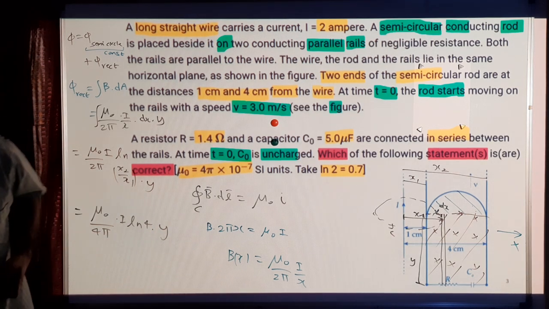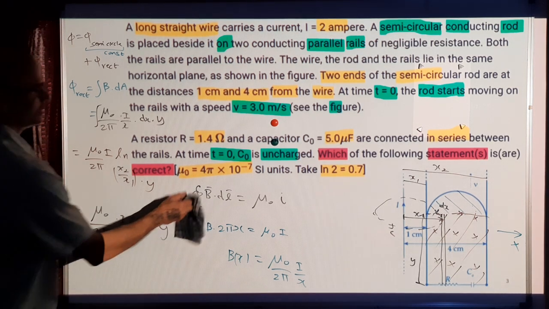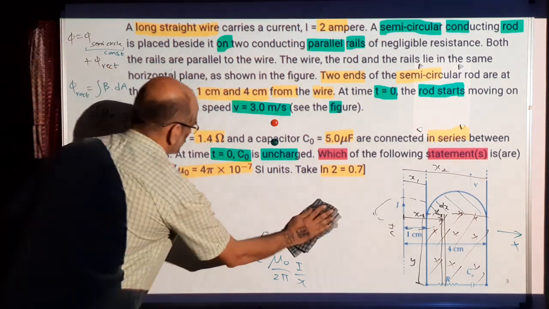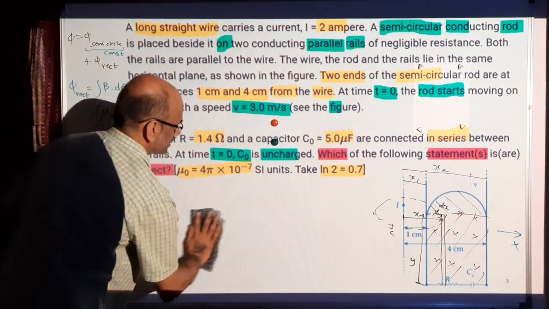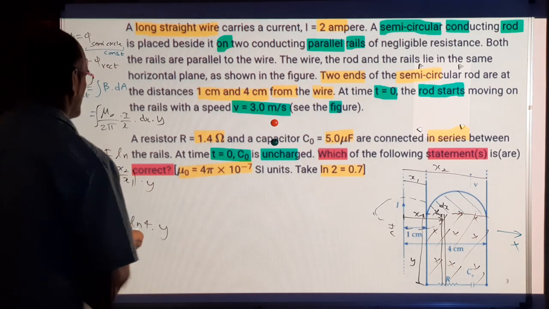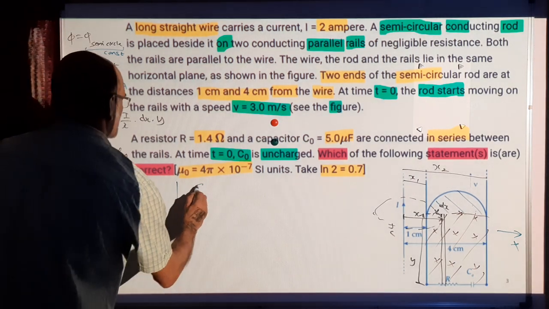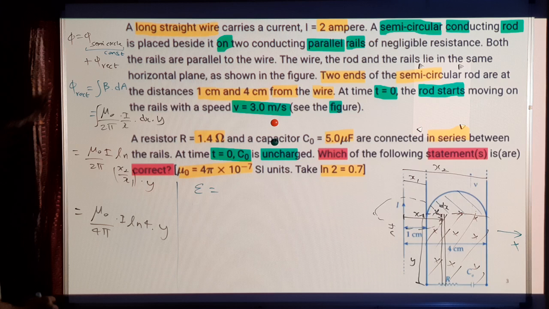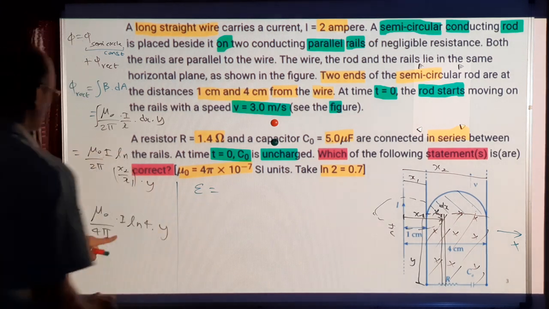So now to get the EMF, I got the flux. Use Faraday's law of electromagnetic induction. Induced EMF is d phi by dt. The first term is 0, only the second flux will come. So it's d by dt of this term.